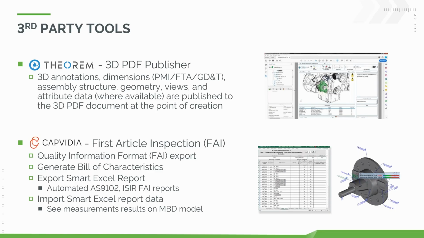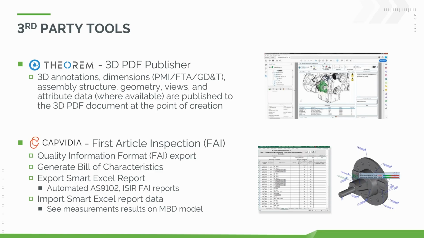And even once you've run that through your system, you can bring that information back in and load it into the MBD model inside the tool and see how what the machine read compares with what you had in the system. So, some examples. There are other things out there, like tools for color-coding Creo models based on tolerance stacks, a whole bunch of different things. So there's a lot more to MBD than just what's in Creo.